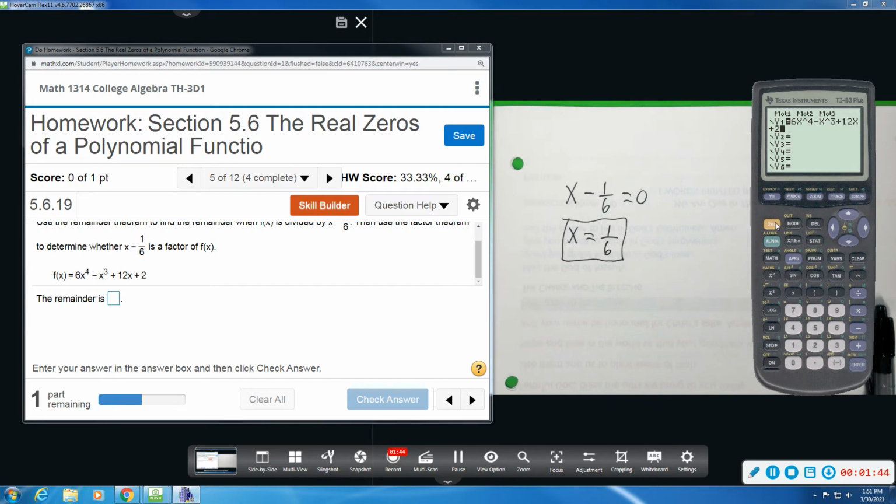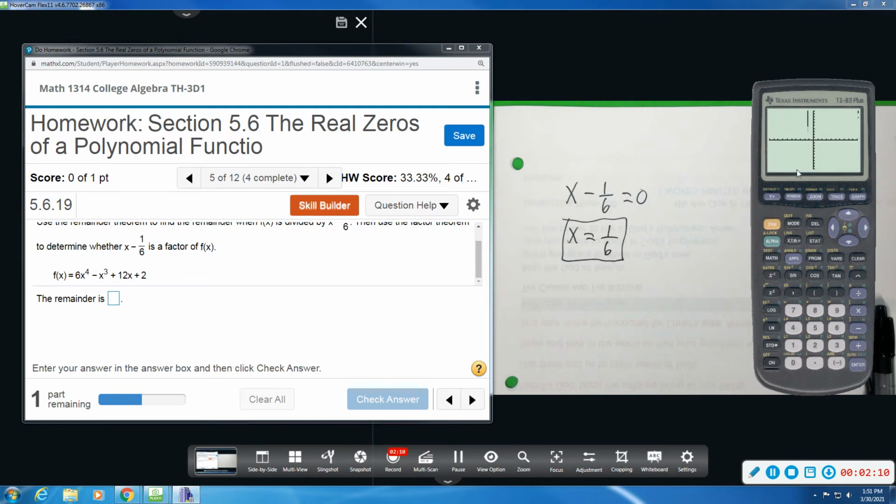All right, if you do second graph this time to see the table, you will not see 1/6 because the table counts by whole numbers, 1, 2, 3, 4, and so on. So if I want to know what the value is for 1/6, I have to actually tell the calculator to calculate the value. So you go second and then calculate, and then we tell it we want to plug in the value.